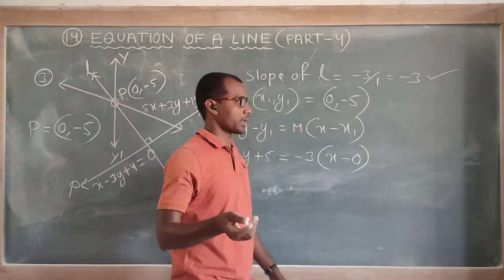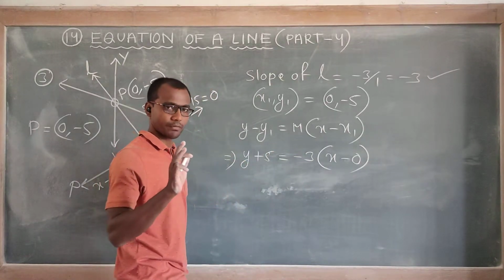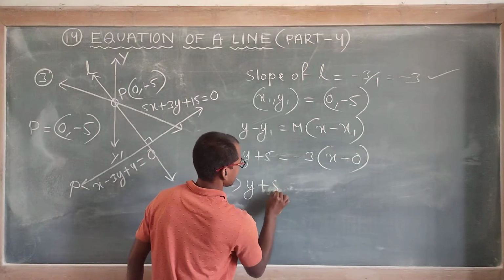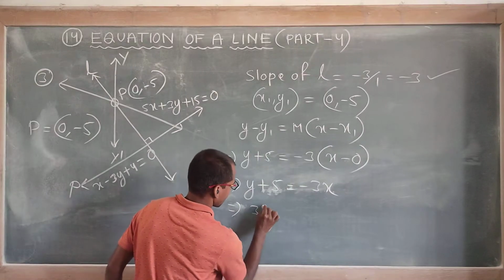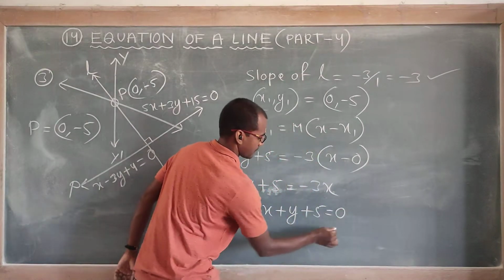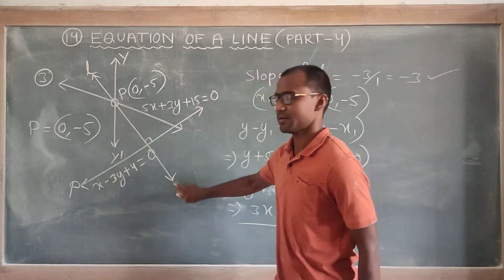I had forgotten that one, so I used the slope point formula. Y plus 5 is equal to minus 3x. So 3x plus y plus 5 is 0. This is the equation of this line.